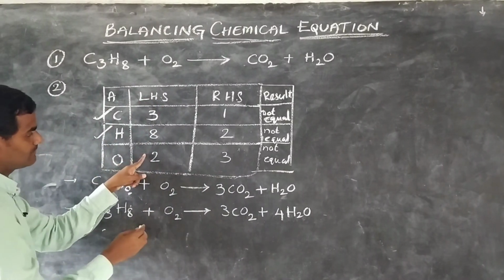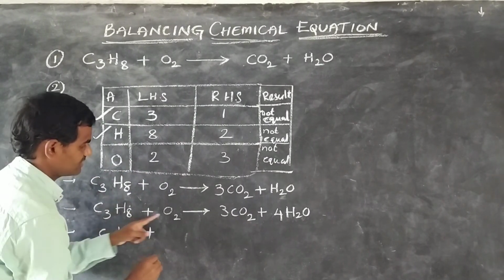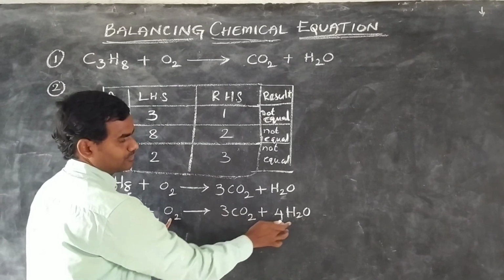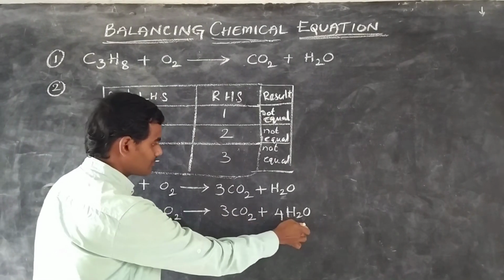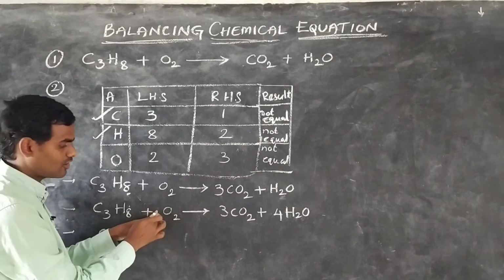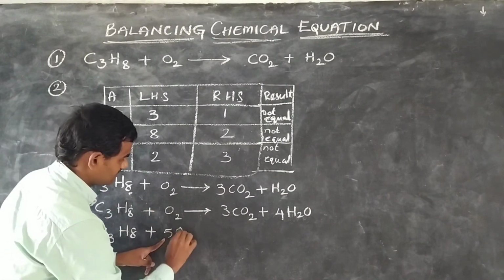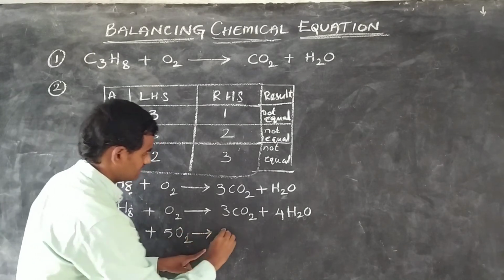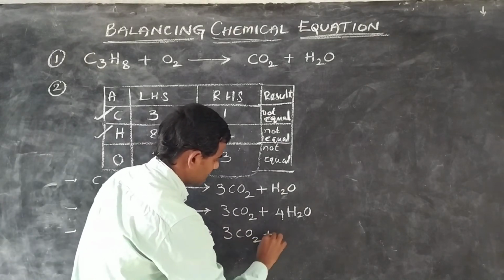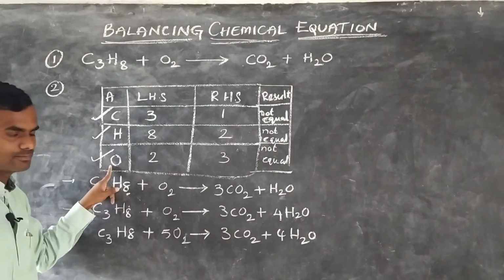After balancing, the number of oxygens should be 10, as on the product side. We have to place 5 here, so that the number of oxygens will be 10. If we place 5 O2, the equation will become like this: 3 CO2 plus 4 H2O. Now, the oxygens also become equal.